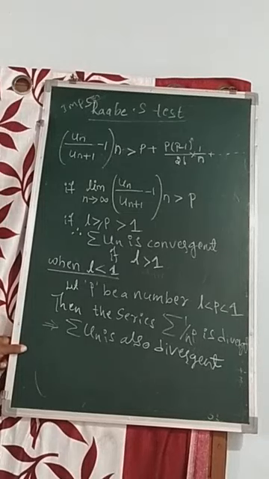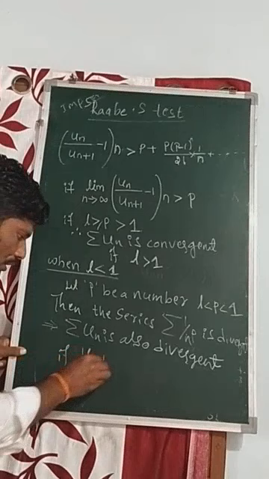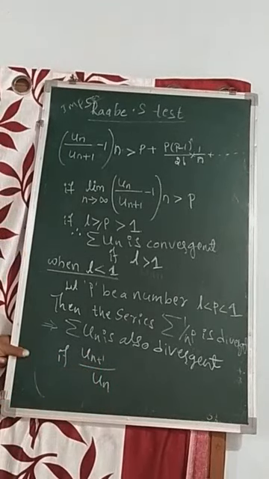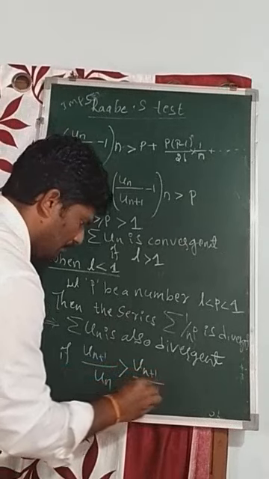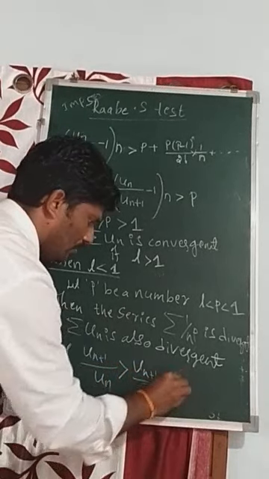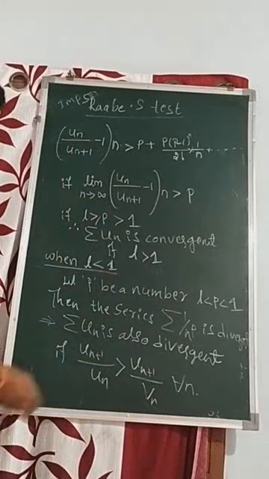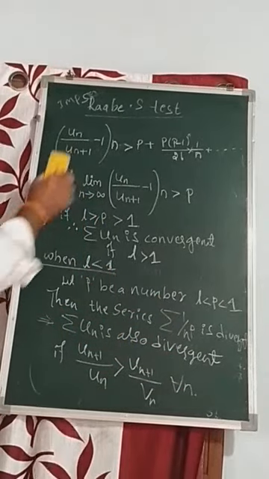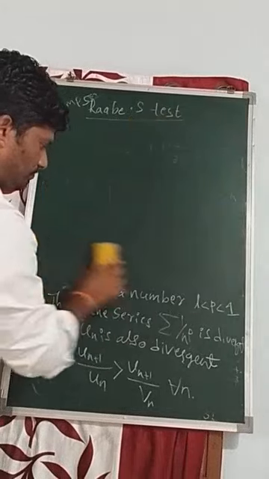Next, if un plus 1 divided by un is greater than Pn plus 1 divided by Pn for all n. In this condition, take un plus 1 divided by un is greater than Pn plus 1 divided by Pn.